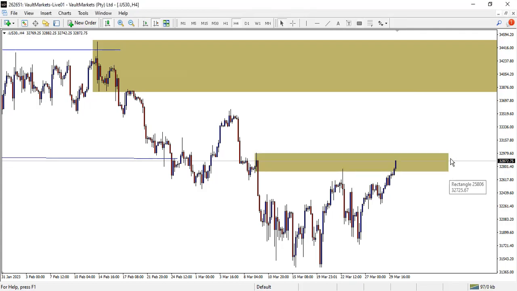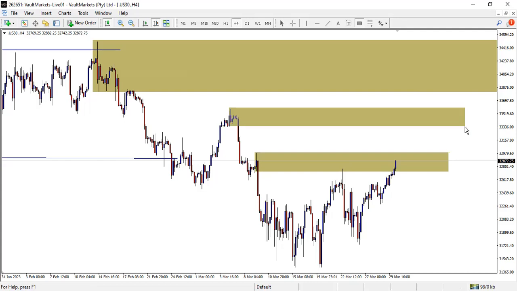It's another inducement zone. Remember on D1 we said this is inducement here. However, on H4 we see another inducement zone, right? It's here.